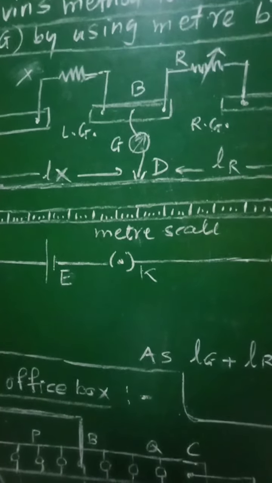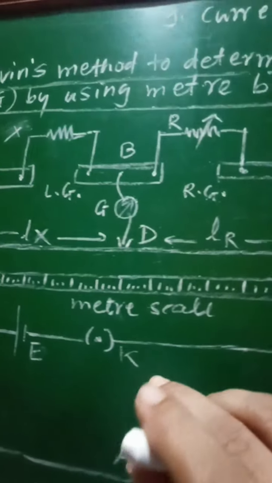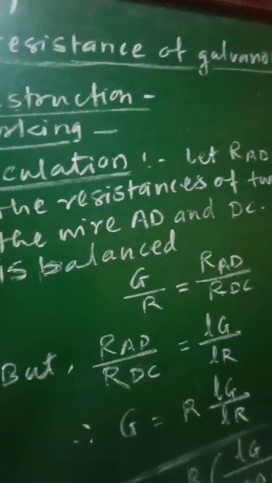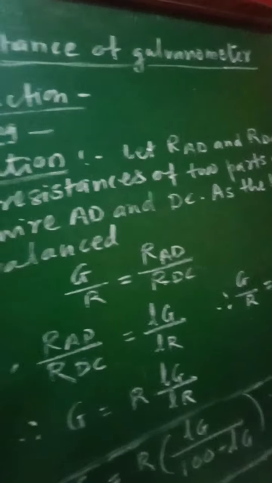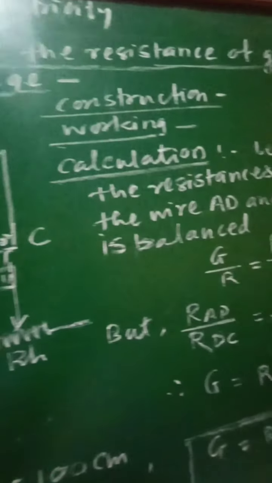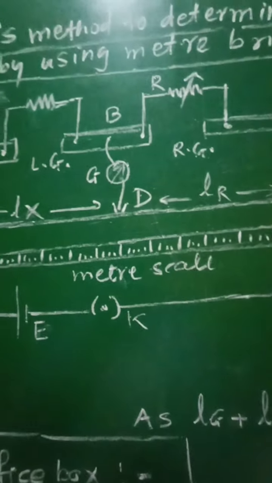Now let us see the next point, that will be Kelvin's method to determine the resistance of galvanometer by using the meter bridge.